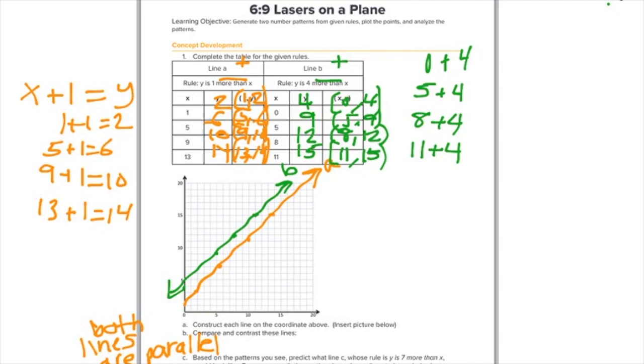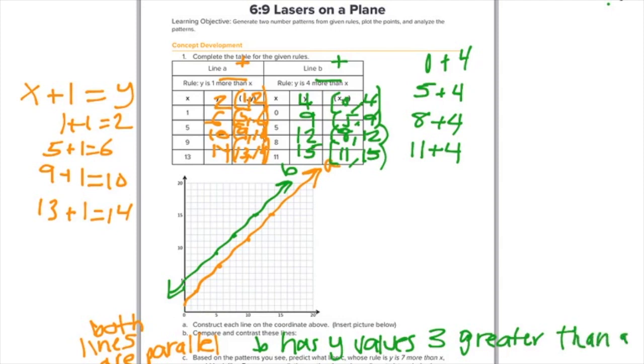What else do I notice? Well, I notice that line B is a little bit more than line A, right? I see that it's a little bit higher. So the way I'm going to say that is the difference is line B has y values that are 3 greater than A. Right?